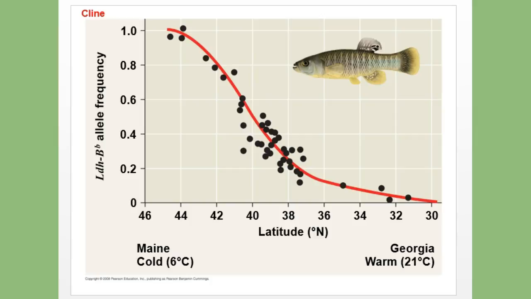So, this allele, LDH-B^b, that's the allele in question, is found much more frequently in cold water than in the same fish found in warm water. Going down the coastline from Maine to Georgia, this cline shows the change in the frequency of this allele based on the latitude.